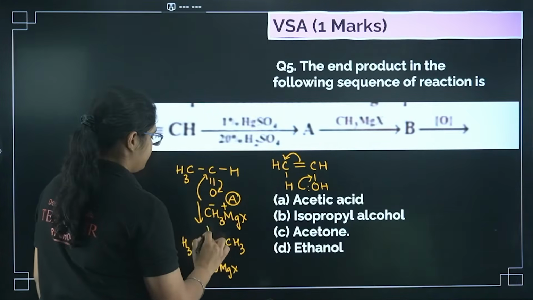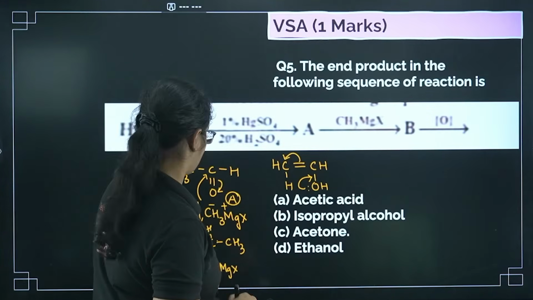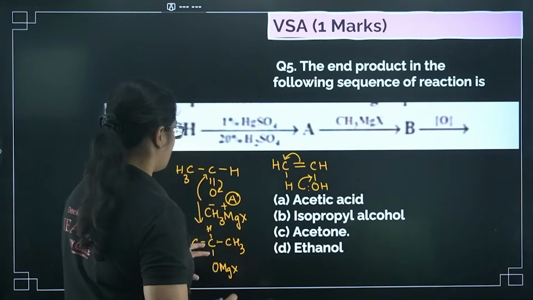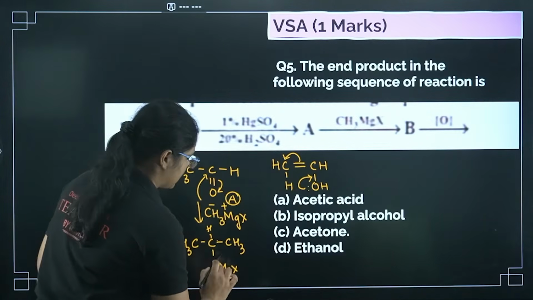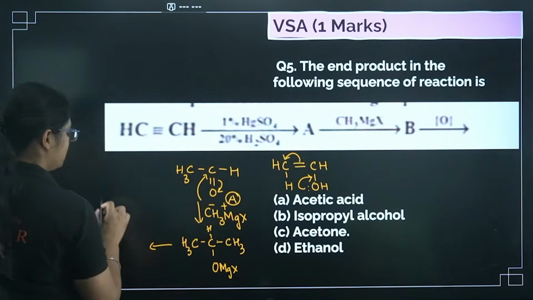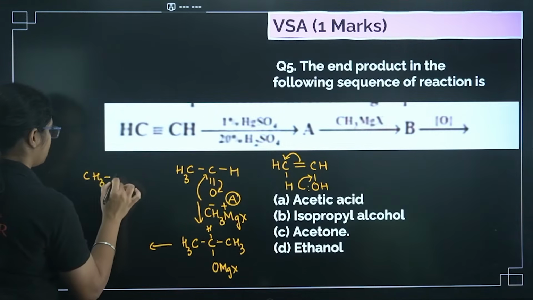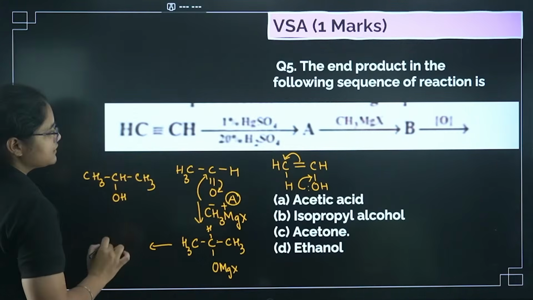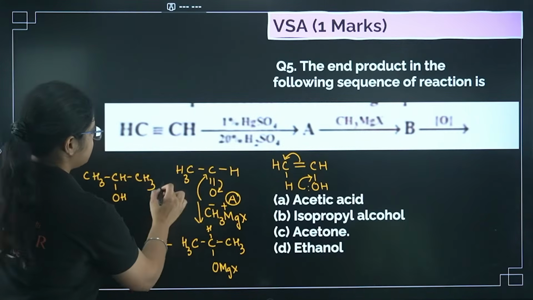Okay, clear? Now after that this will undergo hydrolysis and you will get CH3CHOHCH3. Okay, so this first one is A, and then this is your B.